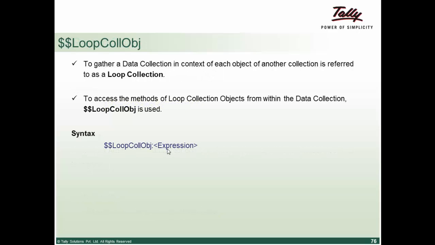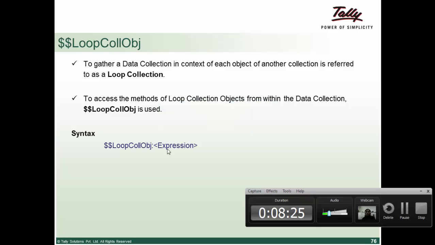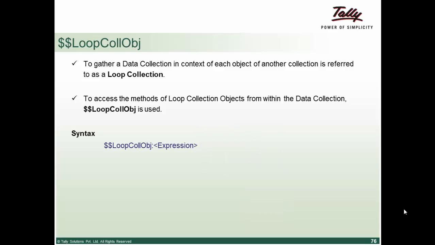Then we have loop call obj. This is a very specific function utilized for loop collections. So any kind of value that you need to fetch from your loop collection to your data collection or your resultant collection or your summary resultant collection is where the loop collection object function comes into picture.